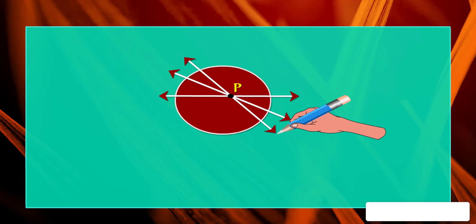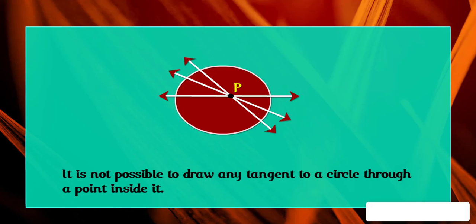So let us draw a circle on a paper and take a point P inside it. Can we draw a tangent to the circle through this point? Let us see. We observe that all the lines through this point intersect the circle in 2 points, so it is not possible to draw any tangent to a circle through a point inside it.